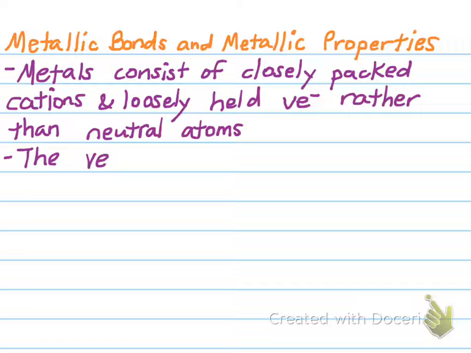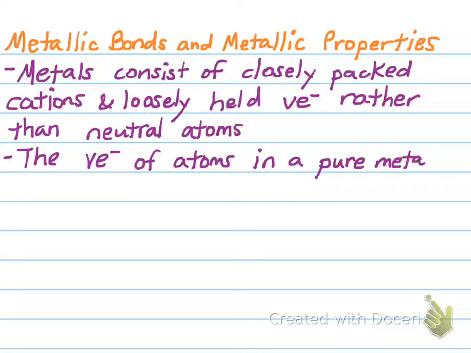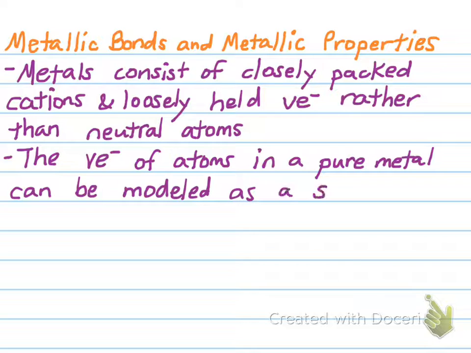The valence electrons of the atoms in a pure metal can be modeled as a sea of electrons.